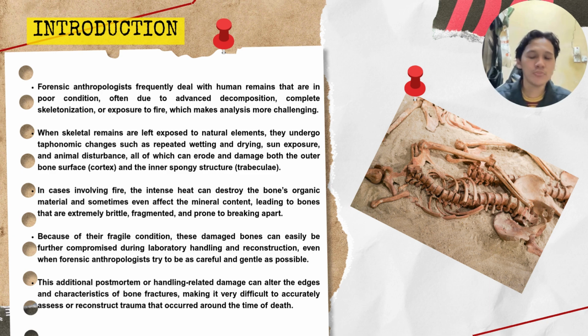This additional postmortem or handling-related damage can alter the appearance and characteristics of bone fractures, making it very difficult to accurately assess or reconstruct trauma that occurred around the time of death.